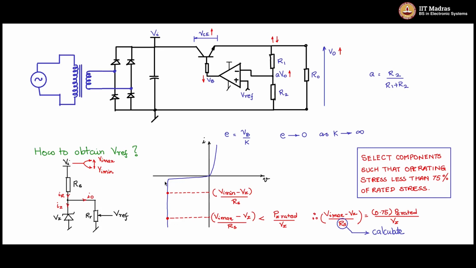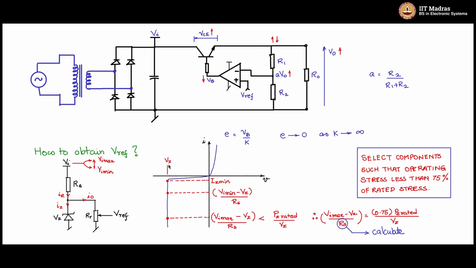What is the minimum Iz? In the IV characteristic, I will take this point as the minimum Iz that should flow in order to maintain the voltage Vz. Below that, it will come out of the breakdown region and Vz will vary. That is not what we want.